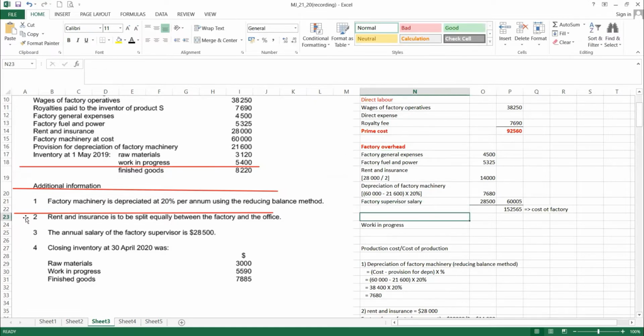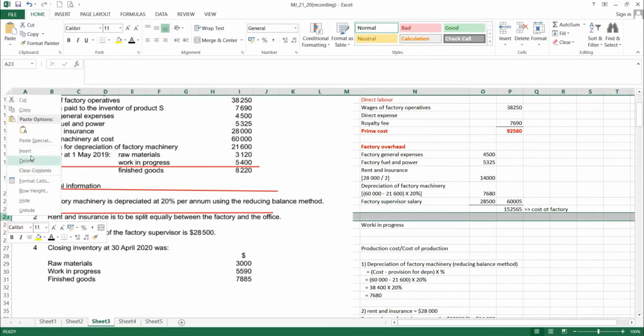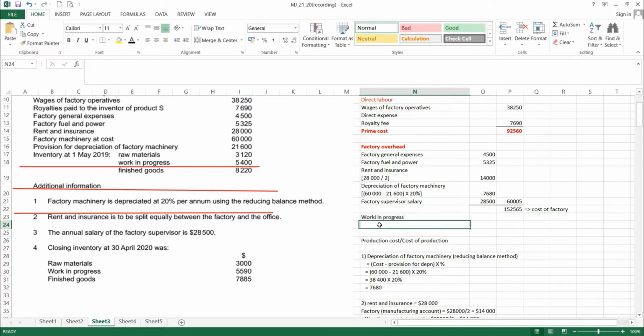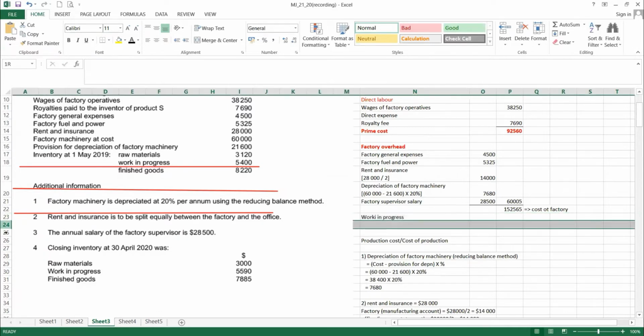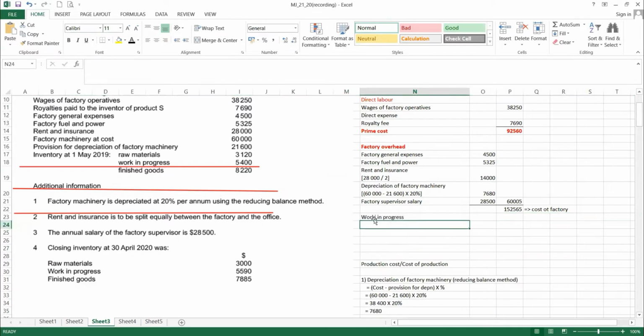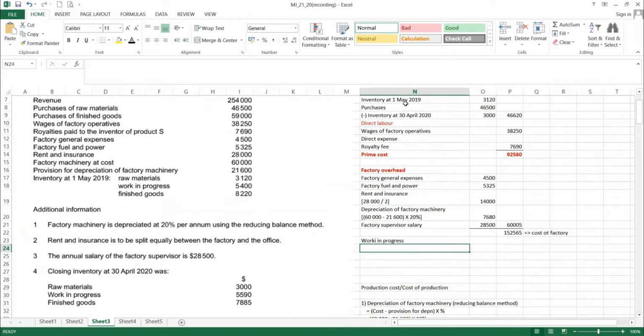We now come to the work in progress. Work in progress in here refers to the inventory work in progress. For example, here, the beginning year, so beginning inventory, and then end year. We want to put minus also can, if we here.